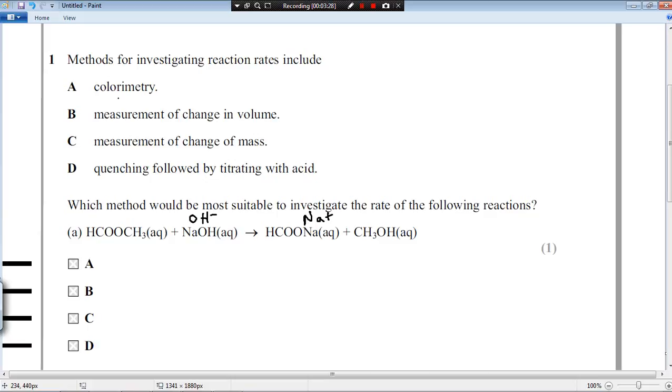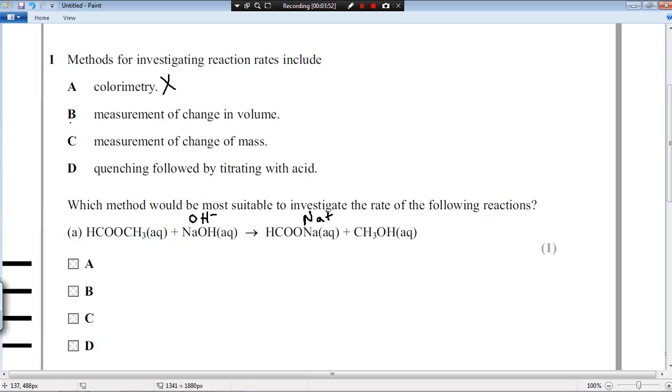Let us know when we use colorimetry method. So we use colorimetry method when there is a colored substance present in the reaction. There is no colored substance in this reaction. Since there is no colored substance in this reaction, we won't use colorimetry here. Okay, so option A is cancelled.